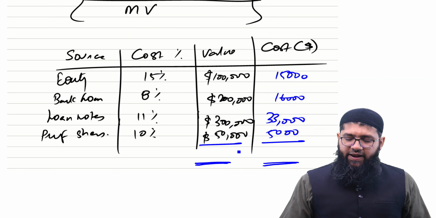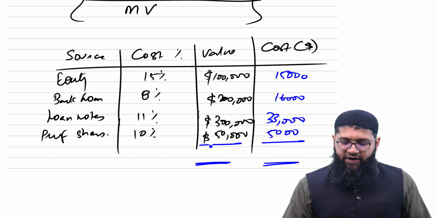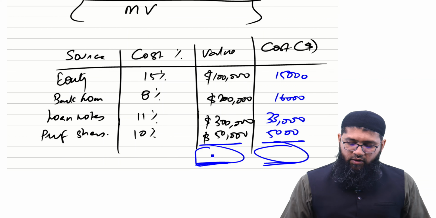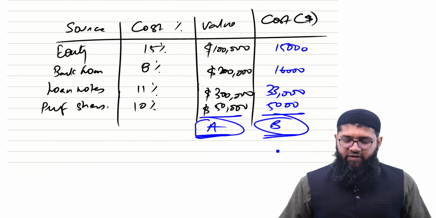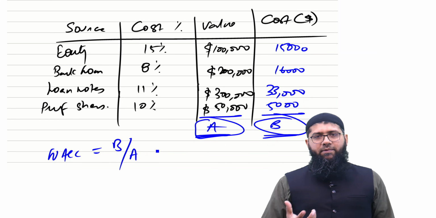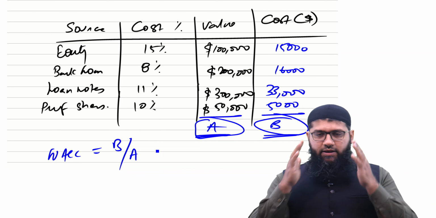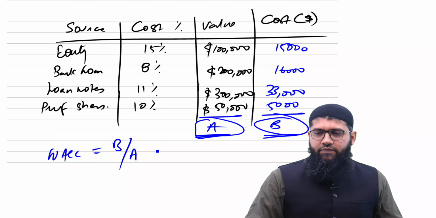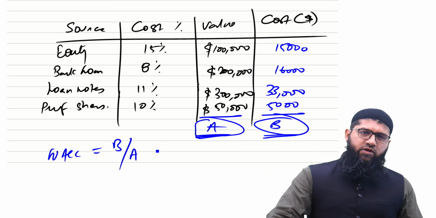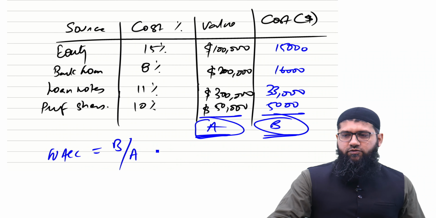So 15 plus 16 plus 33 plus 5, this amount is, let's say, A, and the total value is, let's say, B. Your WACC is going to be A divided by B, and you will end up getting the WACC as a percentage. So basically, I've taken you through the computational aspects of the cost of capital also.